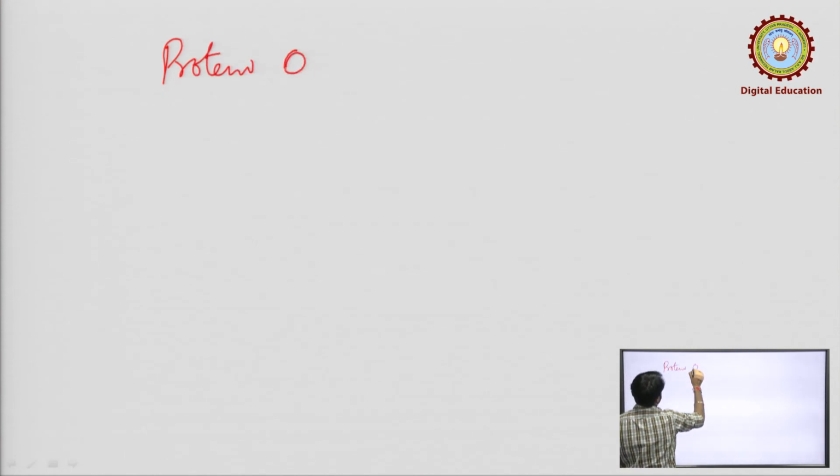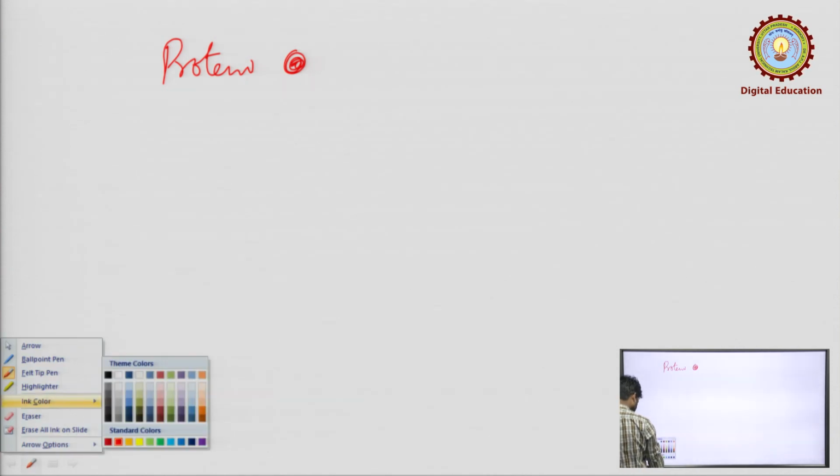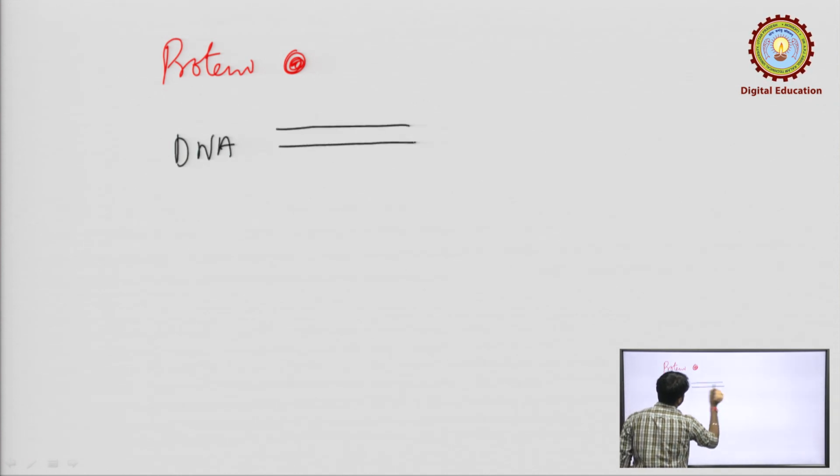So, what happens in this? It is similar to our previous case. We have protein, let it be in circular form, then we have our DNA, and we will incubate these.